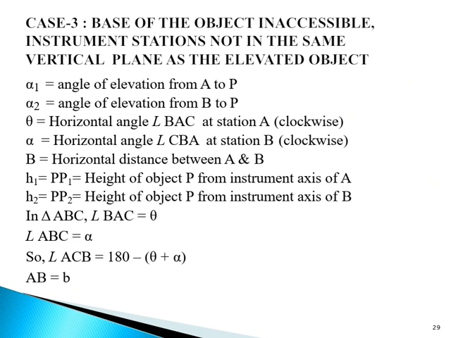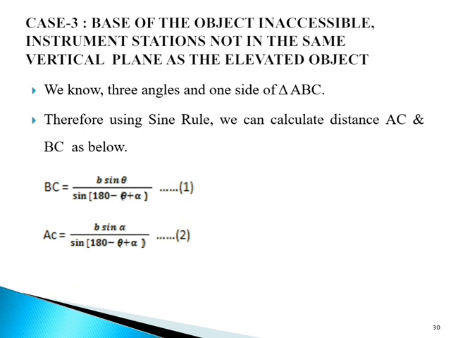In triangle ABC, angle BAC is equal to theta and angle ABC is equal to alpha. So angle ACB is equal to 180 minus (theta plus alpha), and as per the figure AB is equal to small b. We know three angles and one side of triangle ABC, so using the sine rule we can calculate distances AC and BC as below.